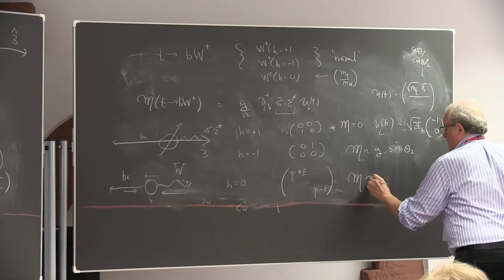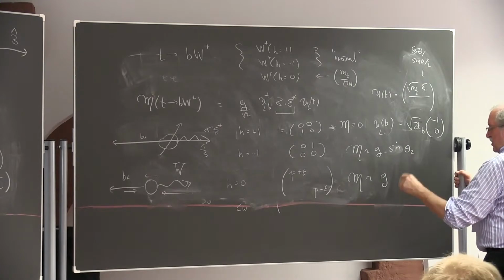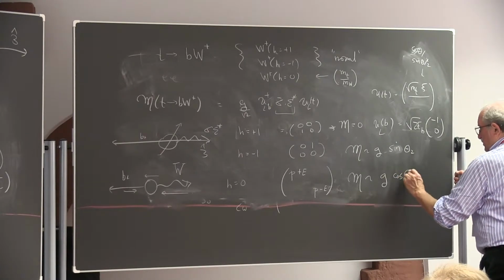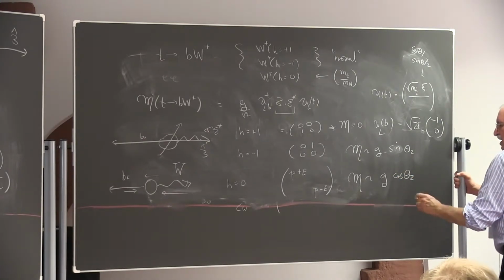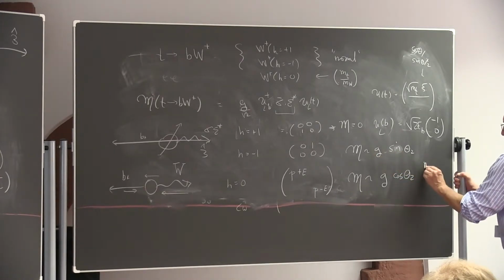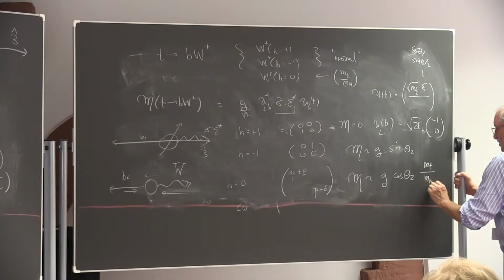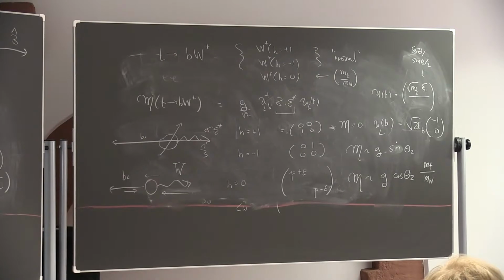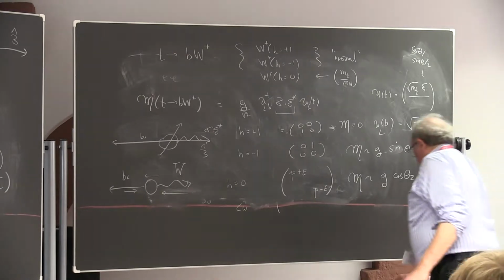So I'm going to get g, I'm going to get the other component, cosine theta over 2. And I'm going to get p plus e, which is m top over mw. So there really is an enhancement there. And so now if you were to do all the factors correctly and write down the complete answer, what you would find is the following set of formulae.